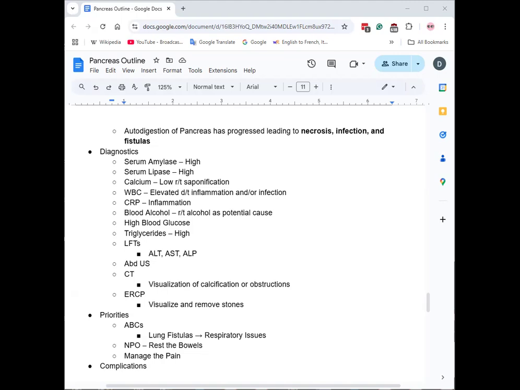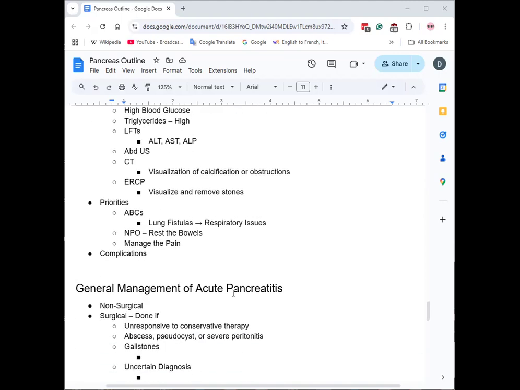If I had to say, you would assess for complications, and if they don't have a complication, then you treat the pain. In this scenario, obviously if this person's having respiratory issues, you're treating that. They're not always going to have respiratory issues.